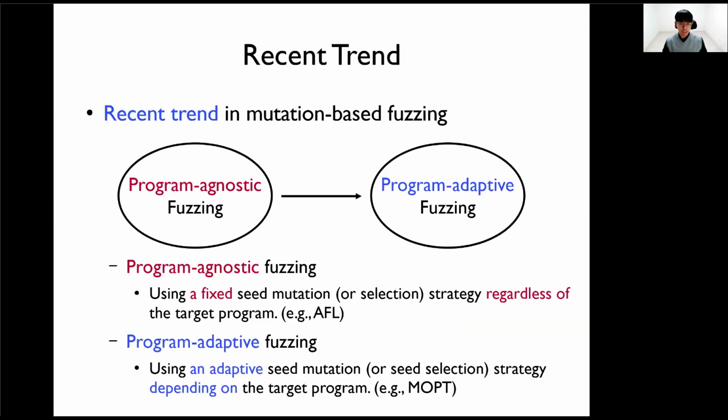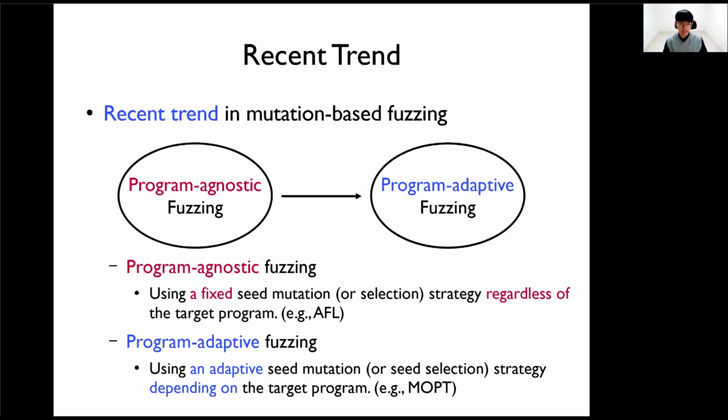Recent mutation-based fuzzing is changing from program-agnostic fuzzing to program-adaptive fuzzing. These terms, agnostic and adaptive, themselves describe the recent trend. Program-agnostic fuzzing techniques such as AFL use a fixed seed mutation or seed selection strategy regardless of the target programs.